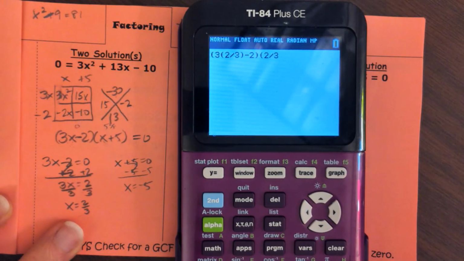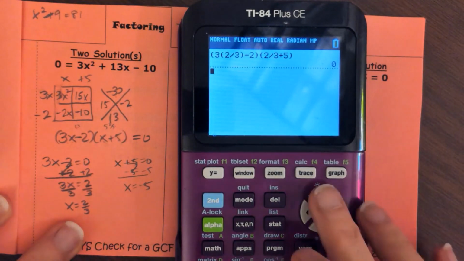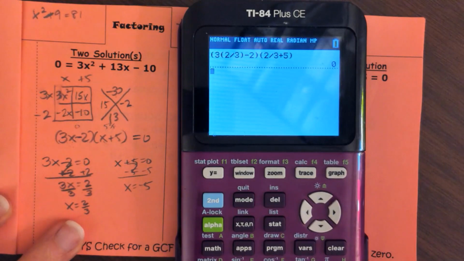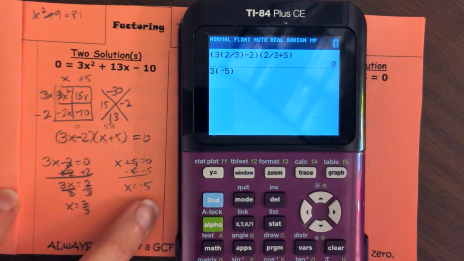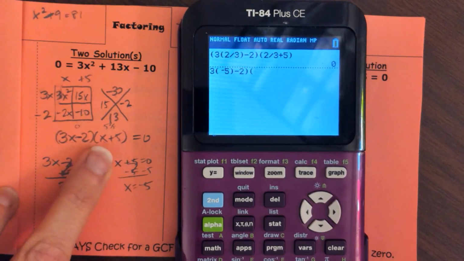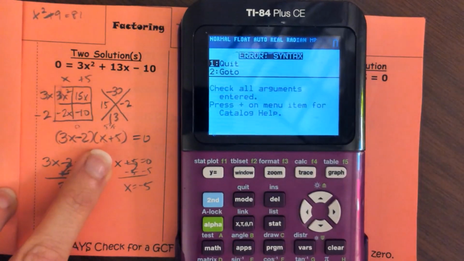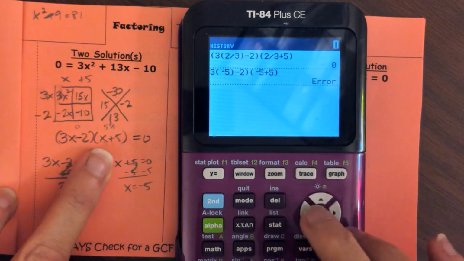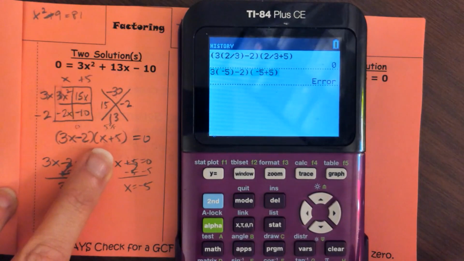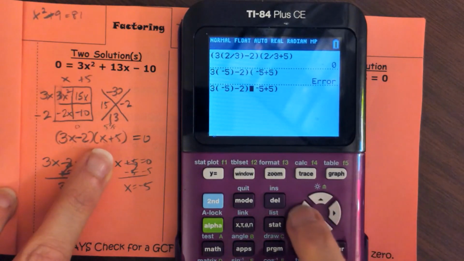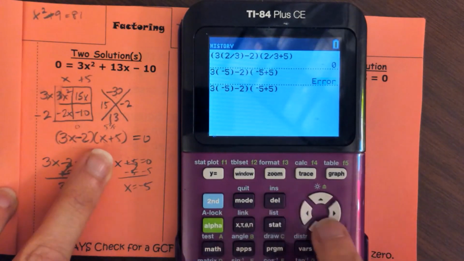I get 0. Okay, let's try the other one. Let's do 3 times -5 minus 2 times -5 plus 5. Oh, sorry about that, I messed up. I see what I did wrong. I forgot to put the parentheses in the front.